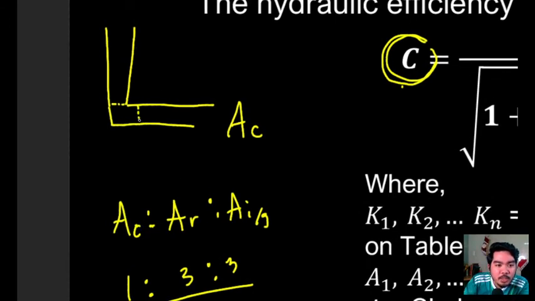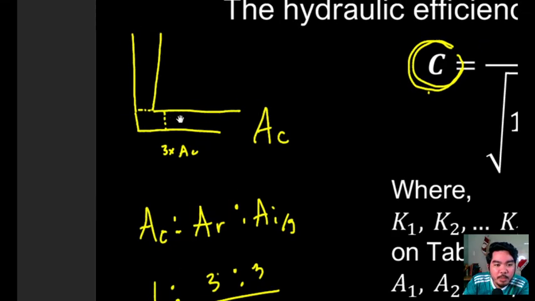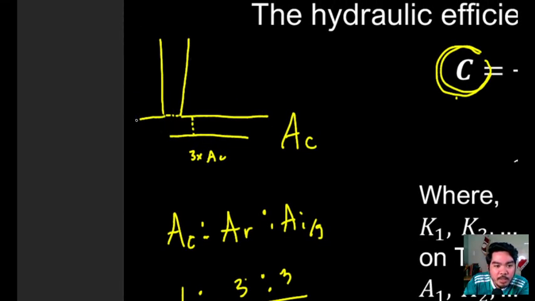Then if it's a single runner, then yung area ng runner na to is just 3 times the choke area. Pero kung if it's symmetrical, kunwari ganyan siya, and it enters 2, kunwari AR2, AR, there's AC, then your AR here becomes AR is equal to 3 times the choke area divided by 2.